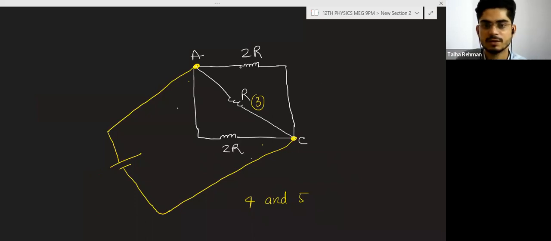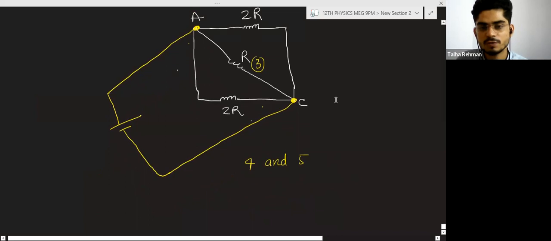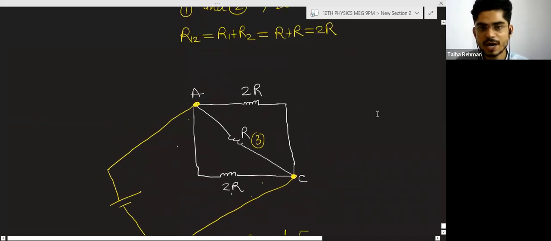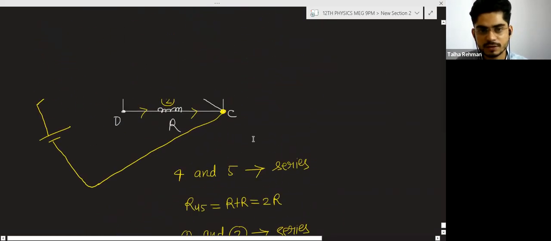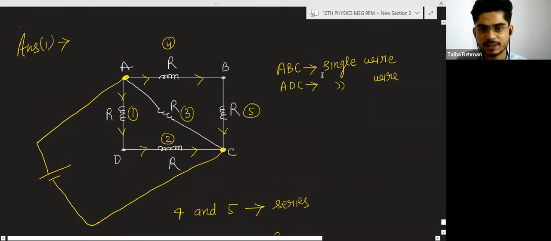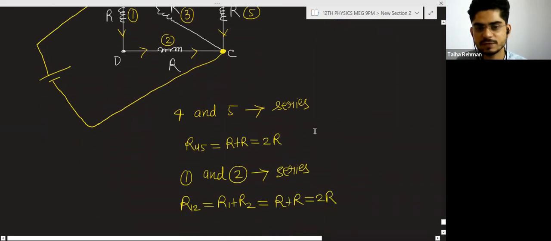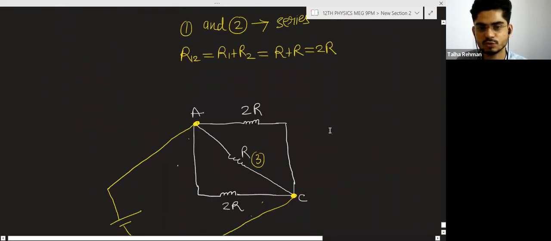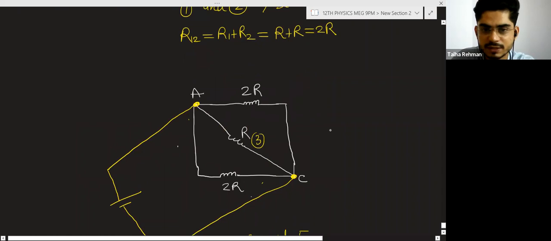See here, Hamza. Now this resistance ABC, this ABC is resistance 4,5. The equivalent of resistance ABC is R45, which is 2R. So this is the resistance.